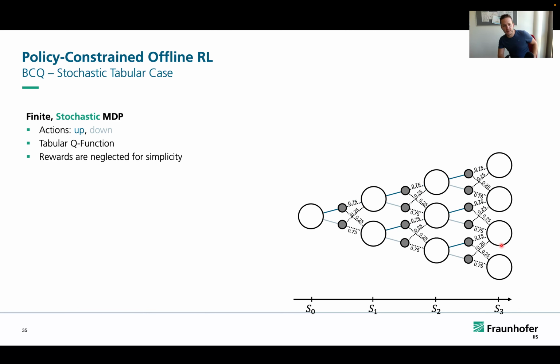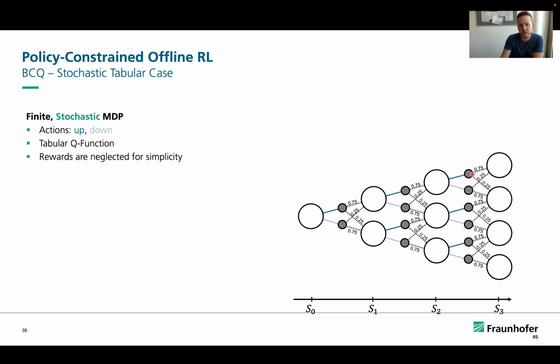So this is the same setting that we had in the previous example. However, we now have a stochastic MDP. There is a certain probability here, and these probabilities are of course not known to the agent, that you select the down action, and with 75% you really go down, and with 25% you go up instead.